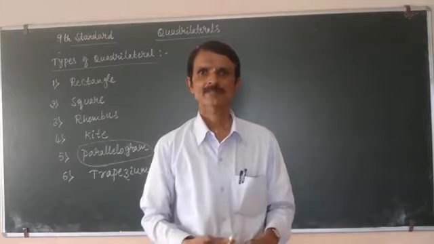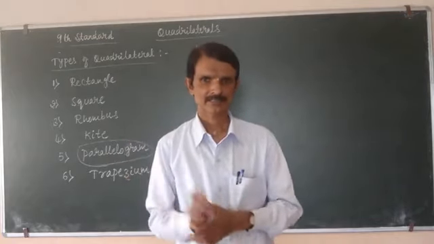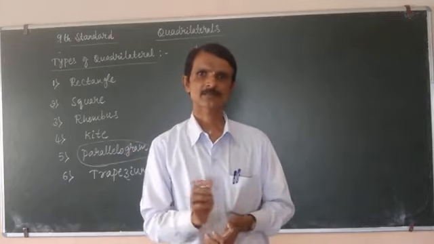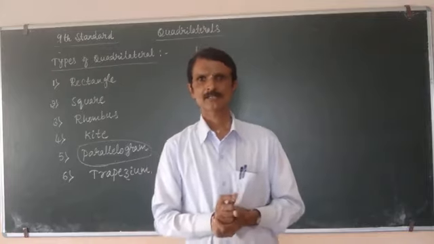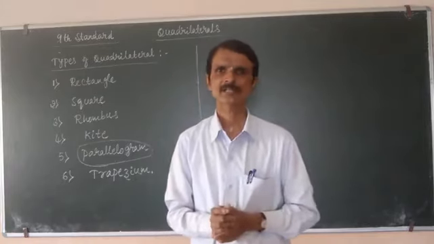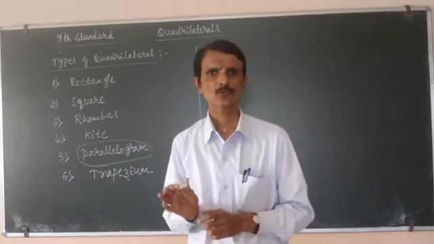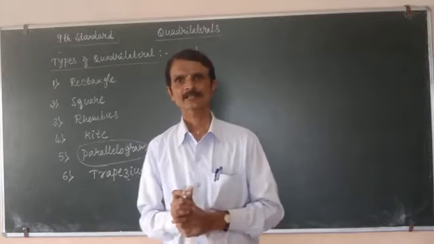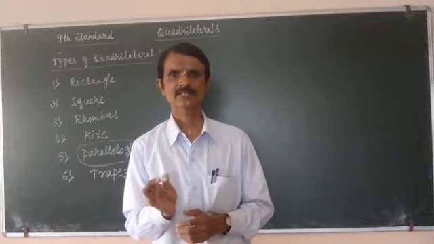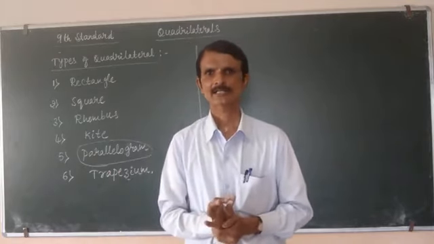Okay, students, in this class you know the definition of the quadrilateral, different concepts or properties of the quadrilateral, especially the angle sum property, and also how to calculate each angle of the quadrilateral if the ratios are given.